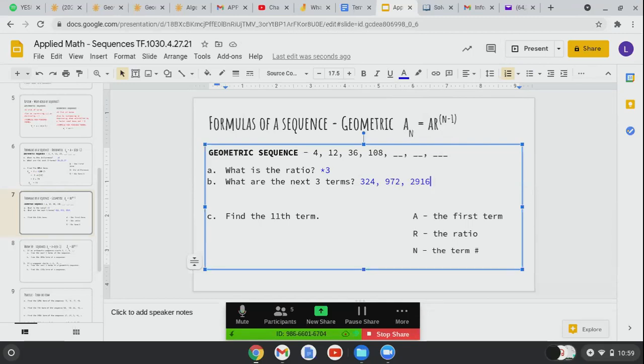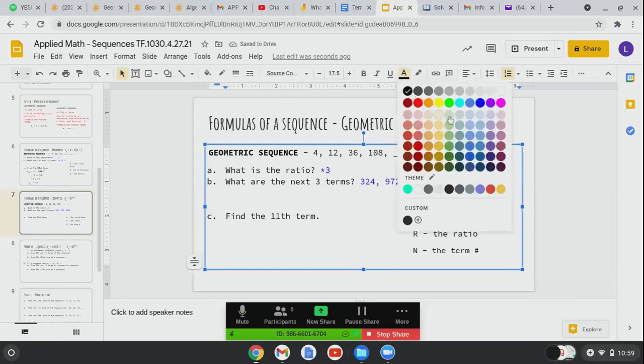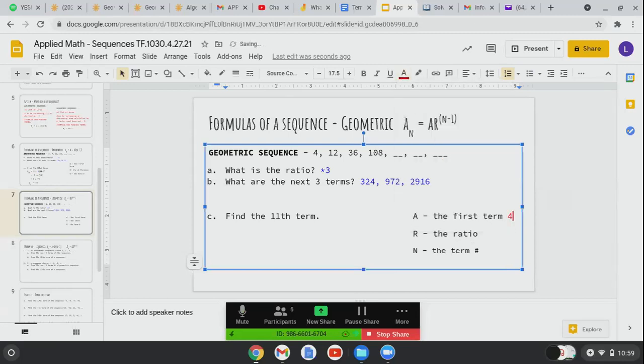So now they asked us to find the 11th term. And again, the variables have been defined. So the first term is 4. The ratio is a positive 3.